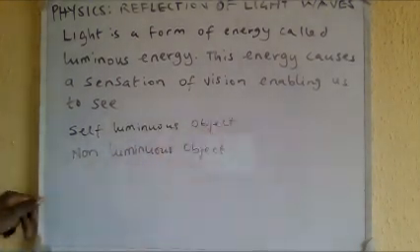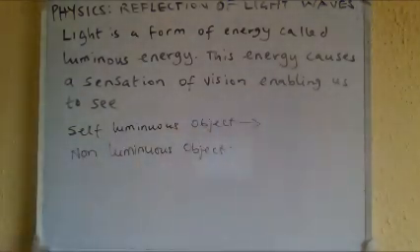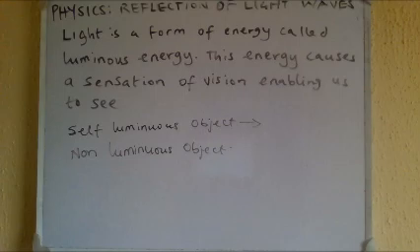A luminous object is an object that can generate and emit light rays by itself.